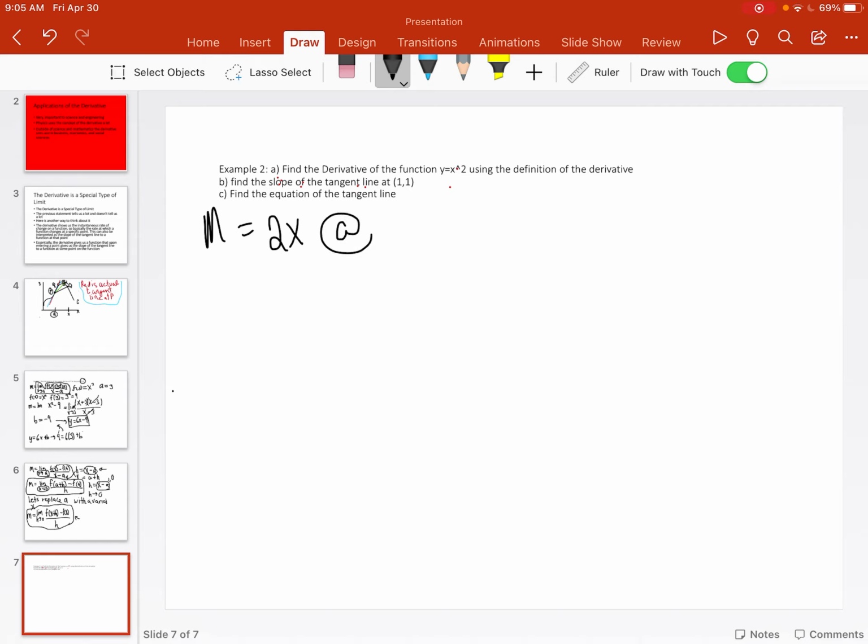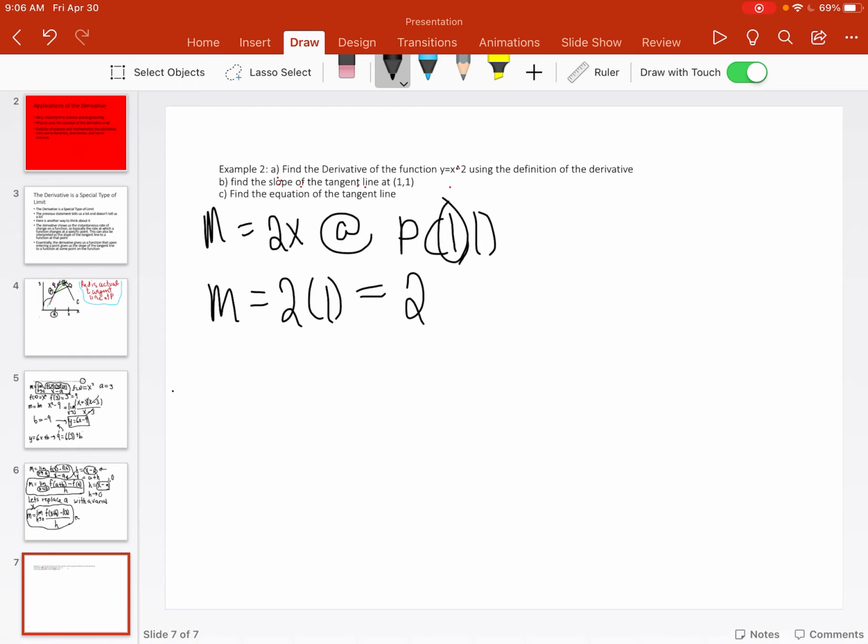And we want the slope of the tangent line at the point (1, 1). So how do we find that? Well, it's simple. We got x equals 1. We just plug that in. The slope of the tangent line at (1, 1) is just 2. That's the slope. That's our m.